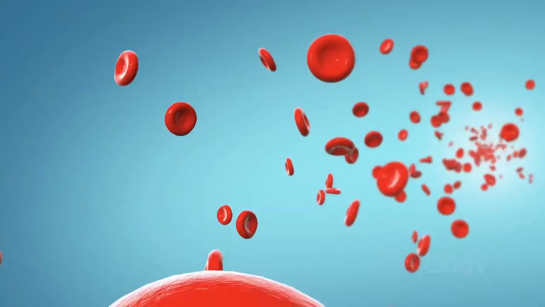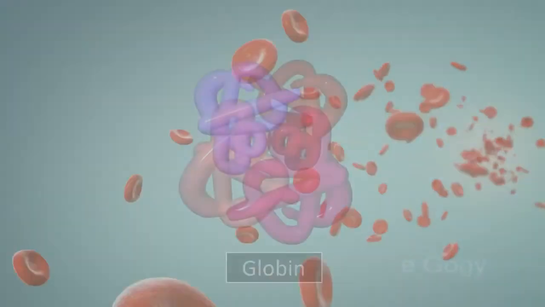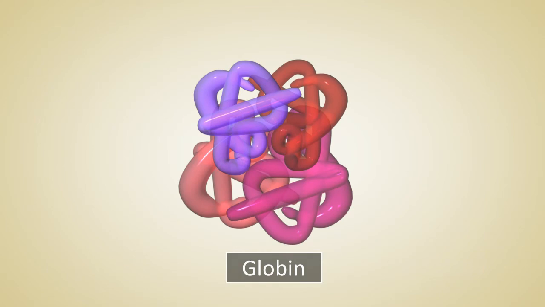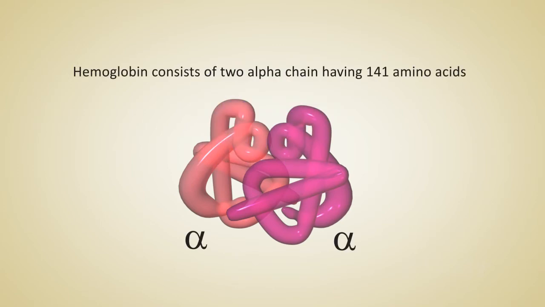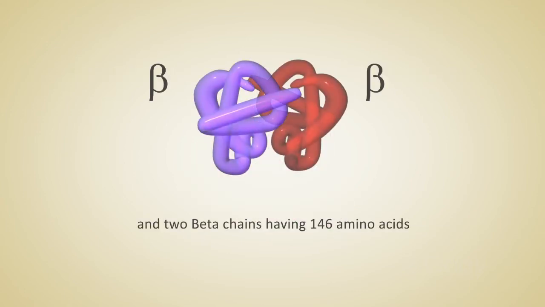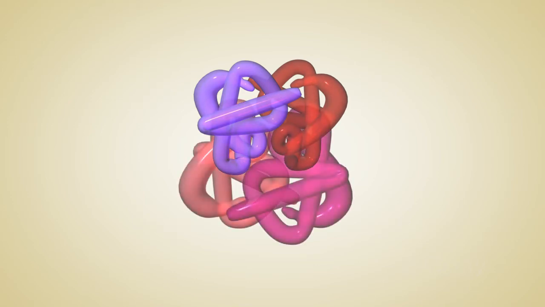Globin is the protein part of hemoglobin that gives blood its red color. Hemoglobin consists of two alpha chains having 141 amino acids and two beta chains having 146 amino acids. Amino acids in the alpha and beta chains are different in each species.